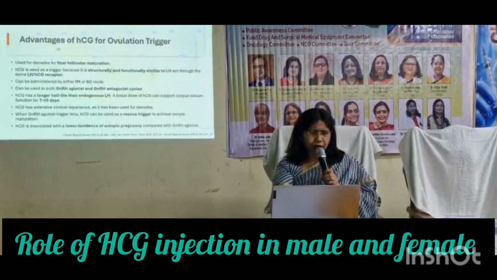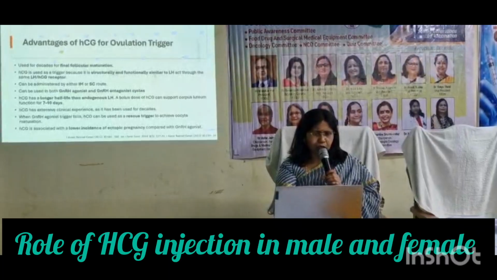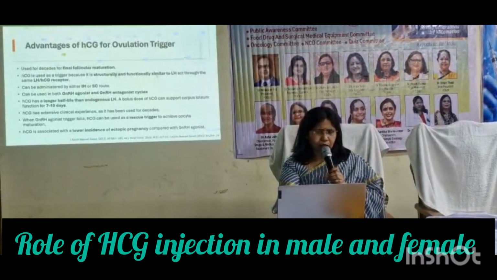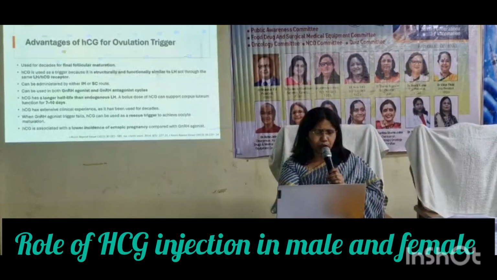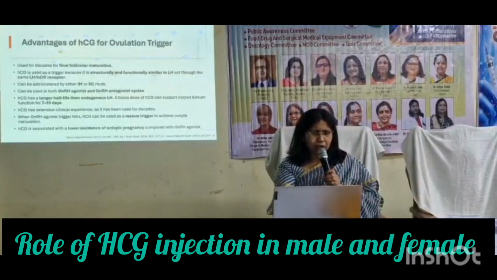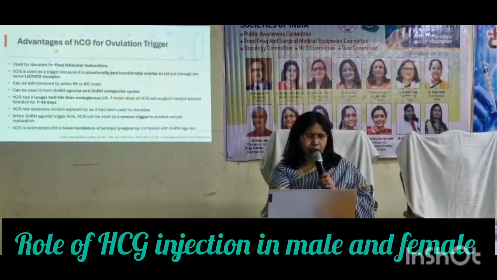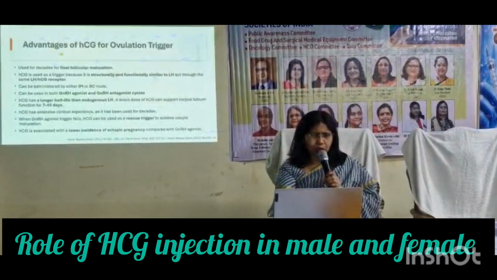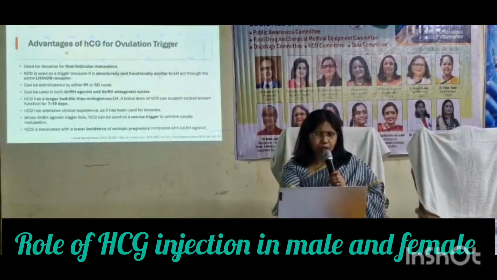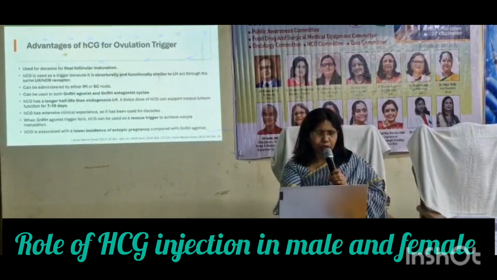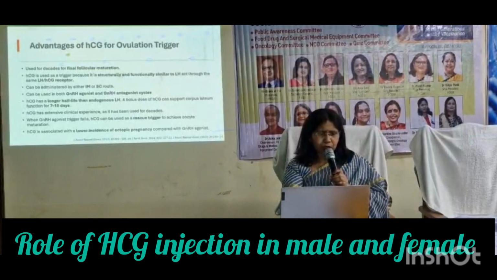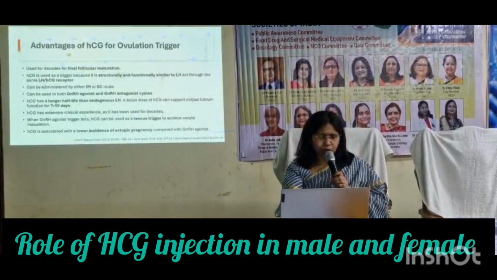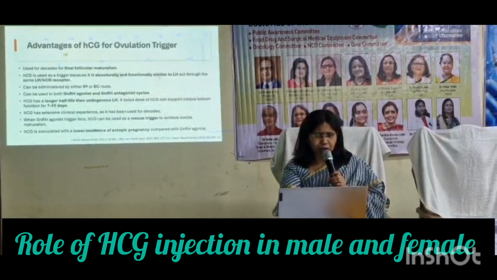HCG has a longer half-life than endogenous LH. A bolus dose of HCG can support corpus luteum function for 7 to 10 days. HCG has extensive clinical experience as it has been used for decades. When GnRH agonist trigger fails, HCG can be used as a rescue trigger to achieve oocyte maturation. HCG is associated with a lower incidence of ectopic pregnancy compared to GnRH agonist.